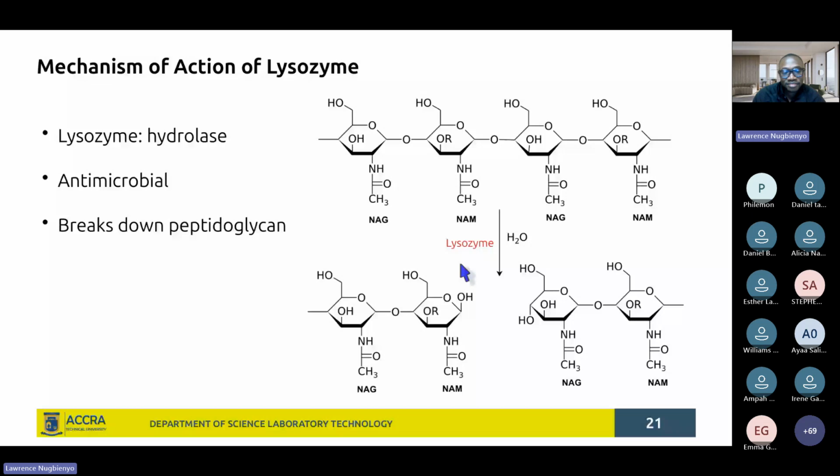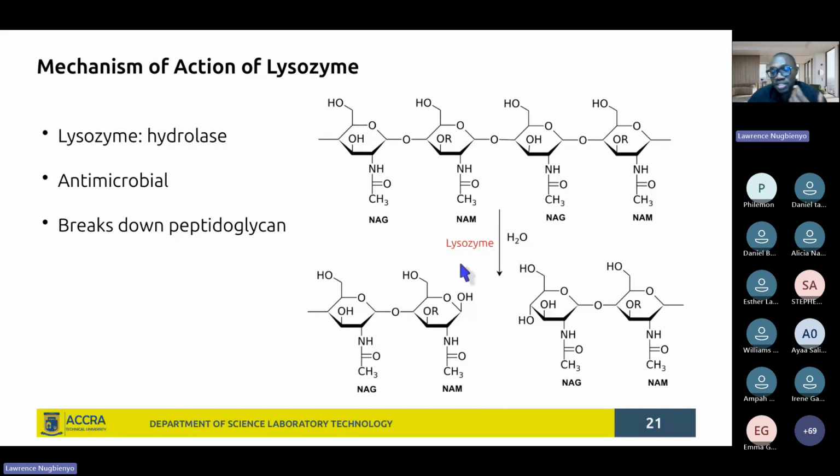And so you find lysozyme being applied in the pharmaceutical industry, in the development of medicines as antimicrobials. Lysozyme is also even used in the food industry for food preservation against bacterial infection.